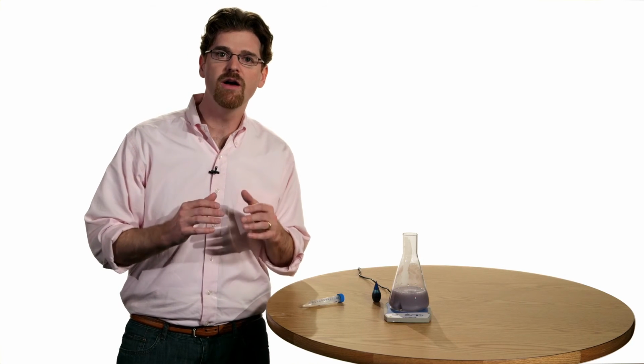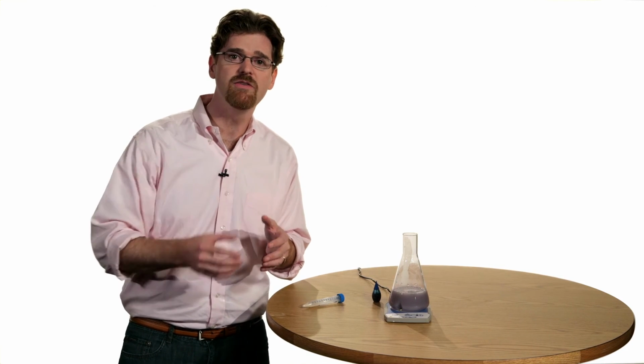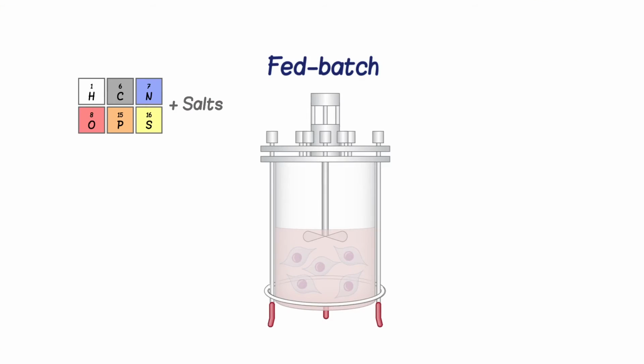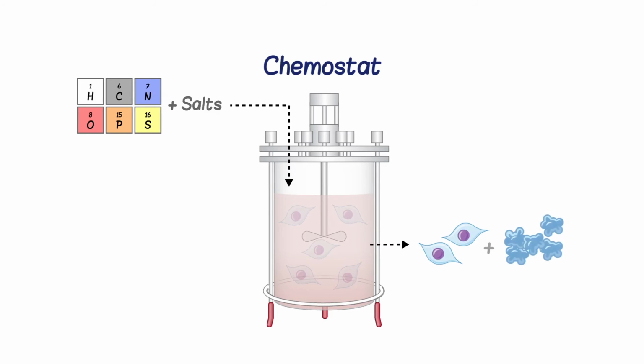You're probably already thinking about other ways to improve the operation of our production run to increase the yield of our product. We could add more nutrients to the reactor volume periodically to feed the cells. This process is called fed batch and is a very common approach. We could continuously add media with nutrients and simultaneously harvest media from the reactor containing cells, our protein, as well as the metabolic waste products.